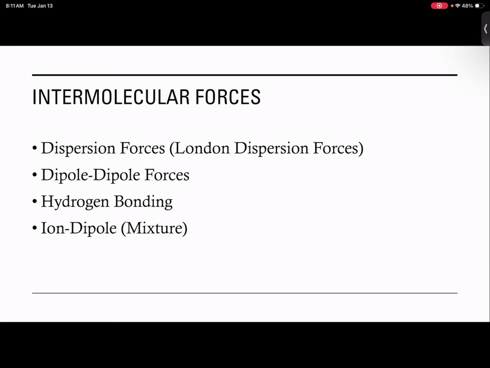If a compound can hydrogen bond, it's going to have much stronger forces than if it simply had dispersion forces. Now, don't get into this habit of thinking, oh, it only has one force. No. As we're going to talk about, London dispersion forces occur in everything.